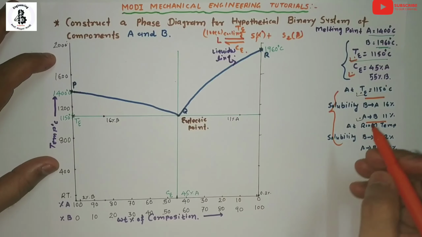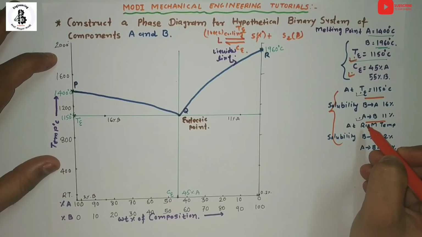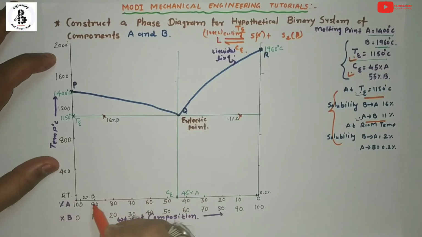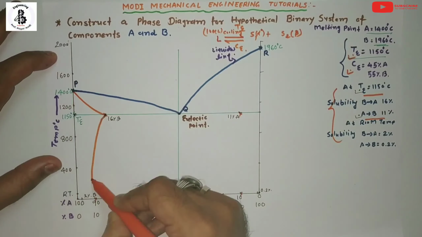Now according to the solubility at different temperatures of B metal into A and A metal into B, I would like to join these points like this.